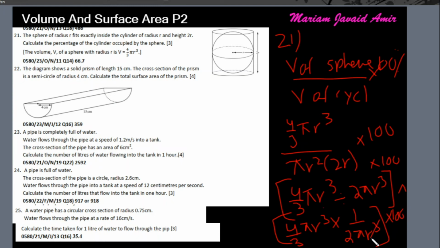So r cube gets cancelled, pi and pi get cancelled. So this becomes 4 over 6 times 100, which gives 66.66%, which rounded off is 66.7.